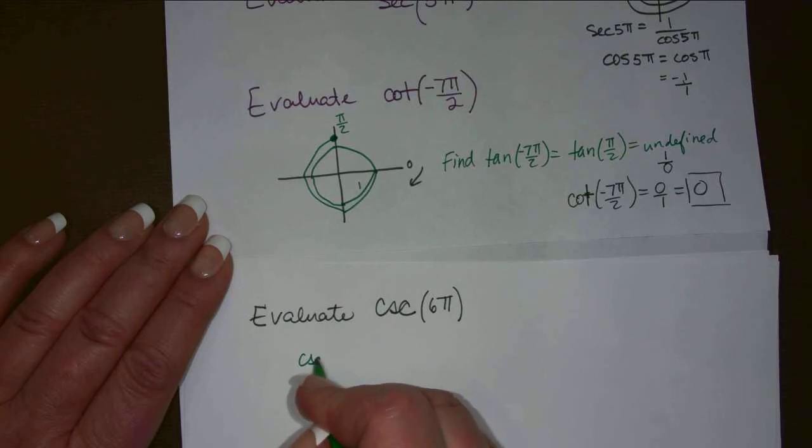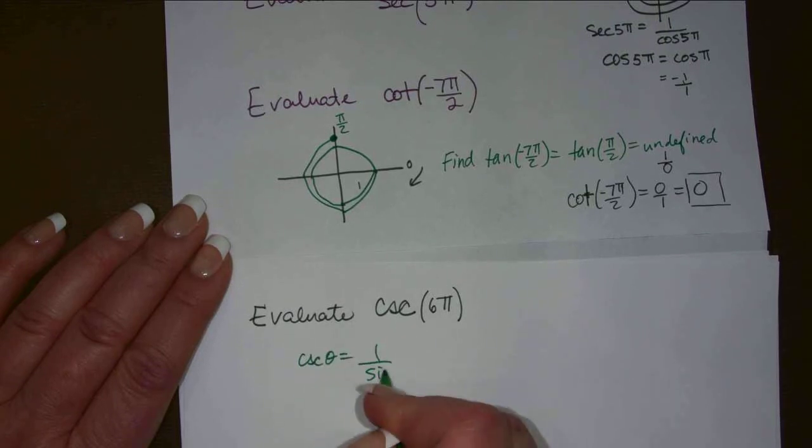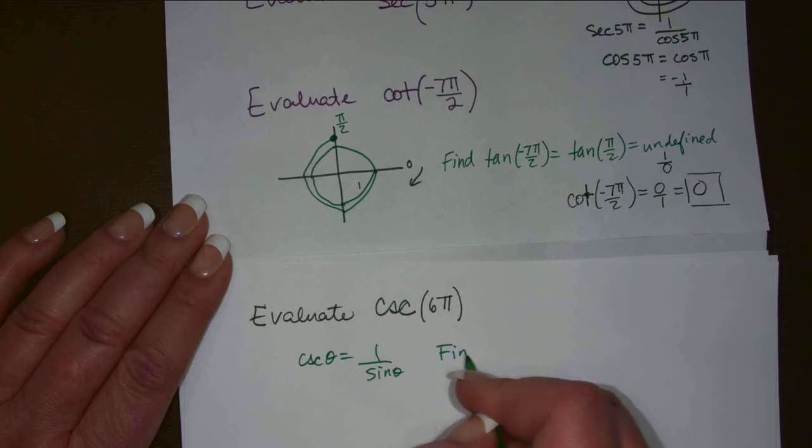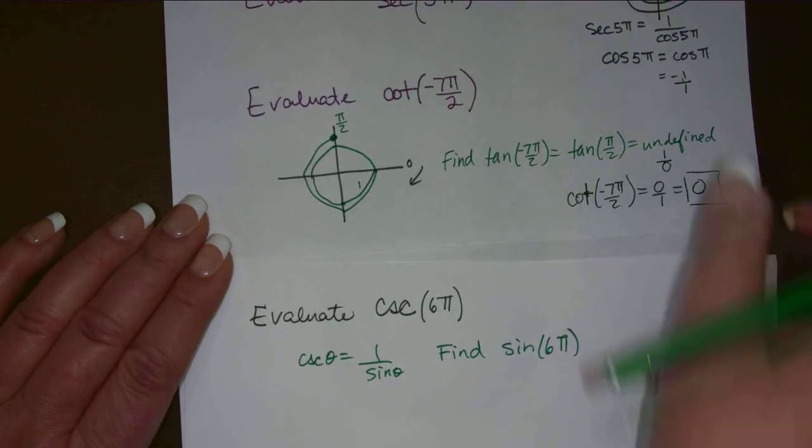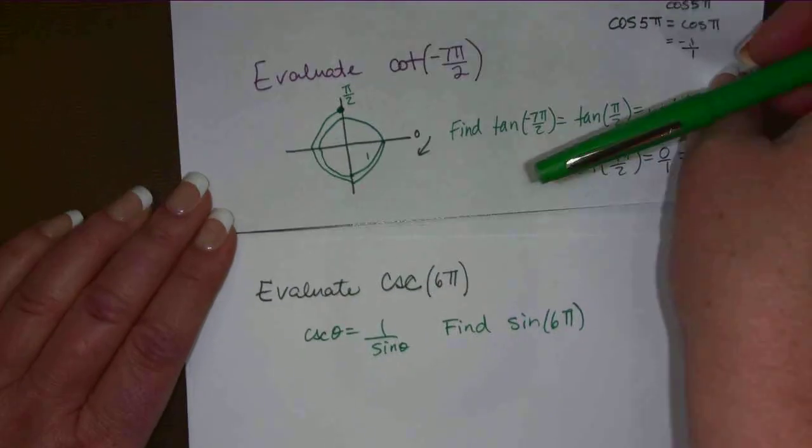Cosecant theta is 1 over sine theta, so we need to find sine of 6 pi, and then we'll flip it over. What's sine of 6 pi?